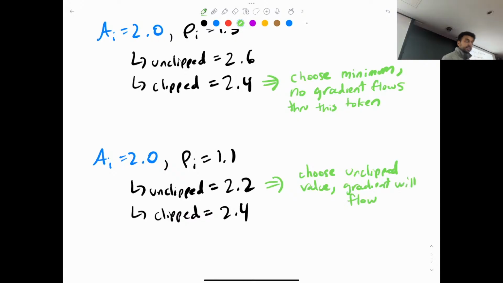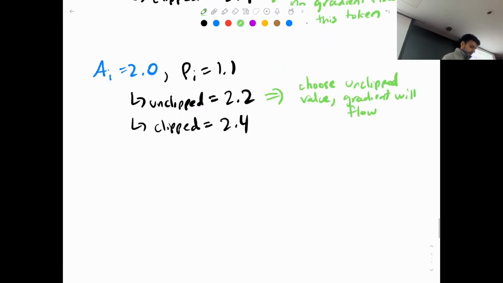Meaning this token is currently still can be increased to increase its likelihood over the old policy. We still have some room to go before we hit our threshold. So let us do a normal update to this token. So let me just complete this, increase the probability of this token at position i.